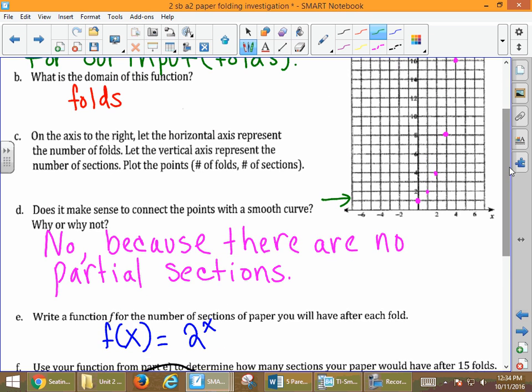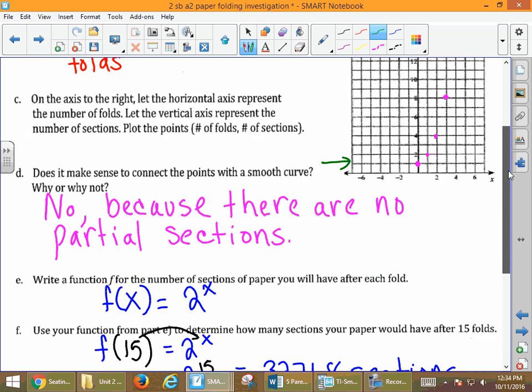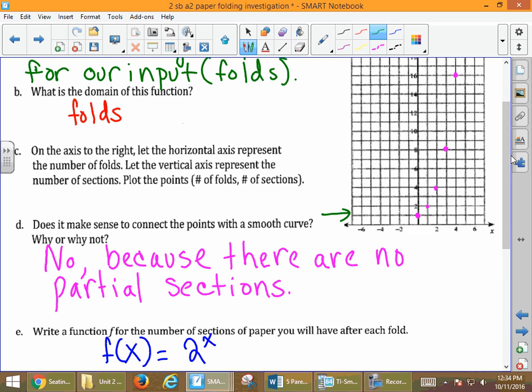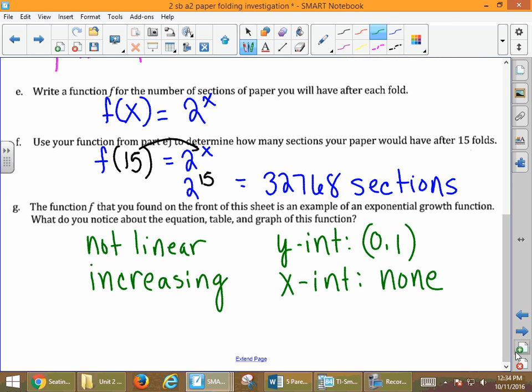It crosses at 0, 1. But if we're really looking at this picture, what we also see is that we don't have an x-intercept. We never touch the x-axis. So those are a couple things that I noticed. You may have noticed some different pieces of the graph or some different characteristics. But that's an exponential growth function.